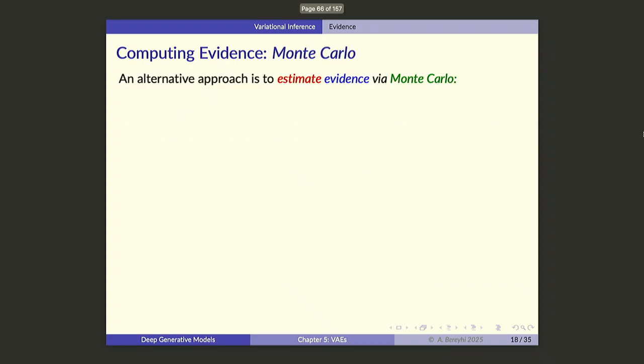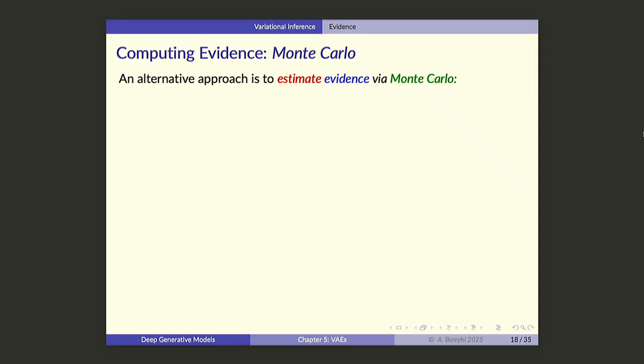So that's the case. Now, when we cannot compute something directly, what do we do usually? We usually estimate it. We try to collect a bunch of samples and put them together so that they approximately give us the value that we want. I can use the expression that I have for the evidence to come up with one simple estimation approach.